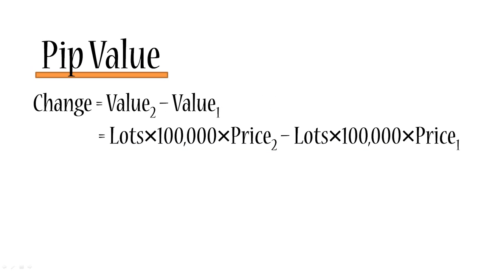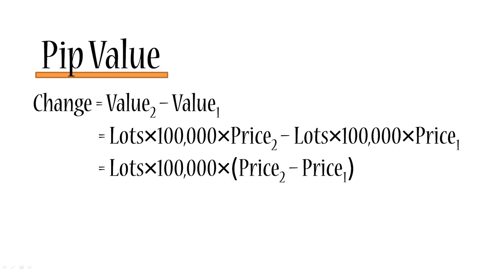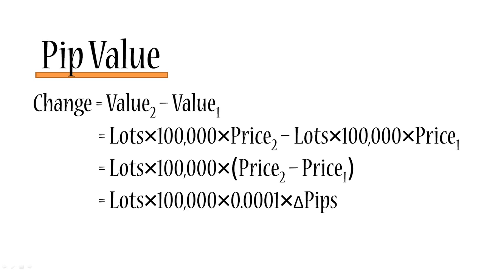Value 1 is lots times 100,000 units of base currency times price 1. We can bring in the brackets and leave price 2 minus price 1 within the brackets and take lots times 100,000 units of base currency outside of the brackets. Next, we can replace price 2 minus price 1 with delta pips.